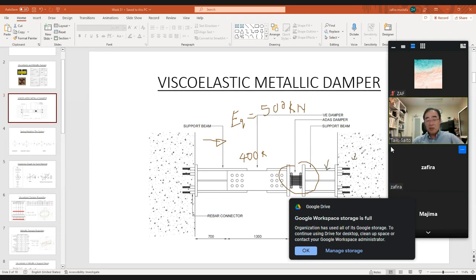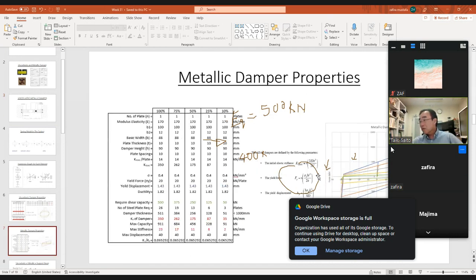Could you explain how much is the capacity of the metallic damper? It starts from 500. Here. Not the earthquake, it's 400. It's the force that we designed as the yielding force.